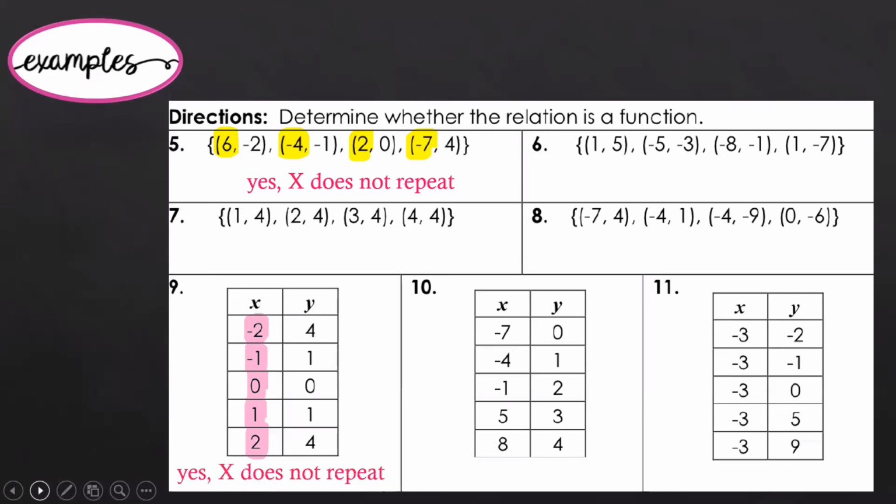Therefore, yes, it is a function because x does not repeat. So, ladies and gentlemen, you need to answer 6, 7, 8, 10, and 11. You either say yes, because x does not repeat, or no, because x repeats.